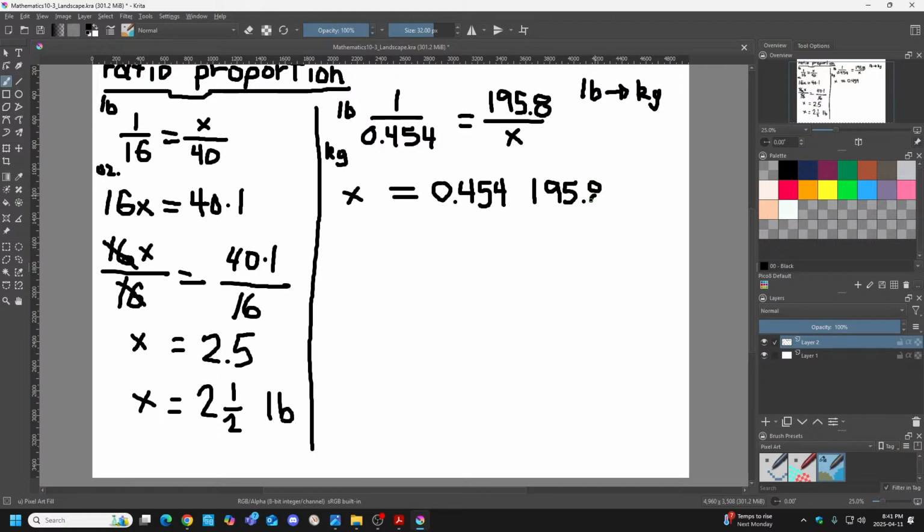Okay? The reason I do that is because it gives me an idea how big my bracket should be. Usually I write it ahead of time. If I'm writing it freehand, I'll write it first. Anyways, there we go. So this is still multiplication, guys. Okay, so we have 0.454 times 195.8.